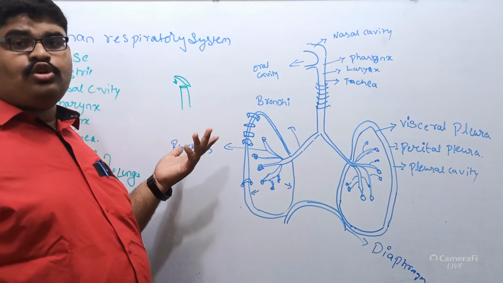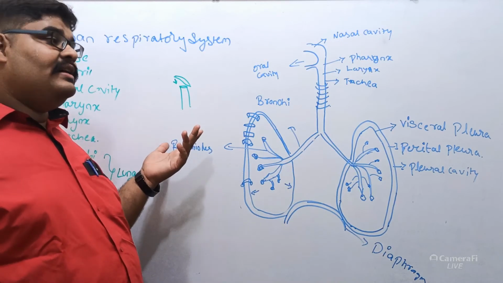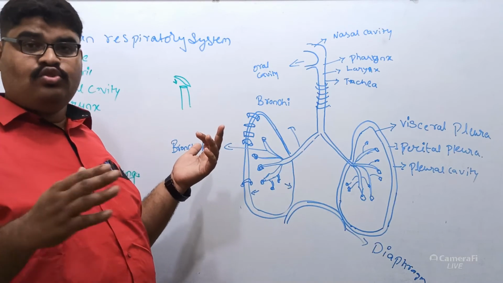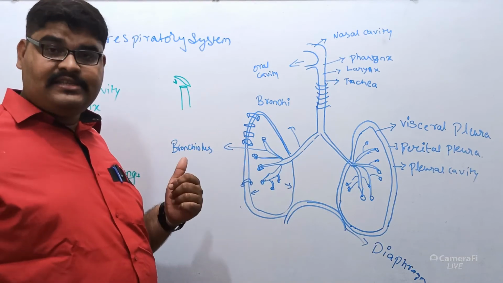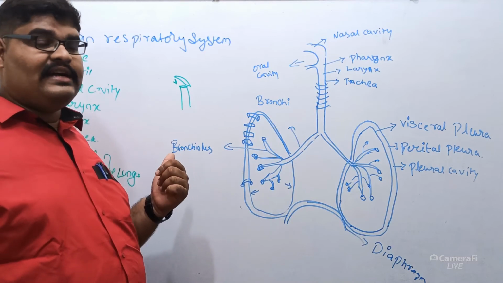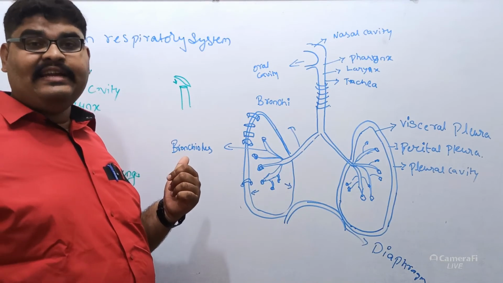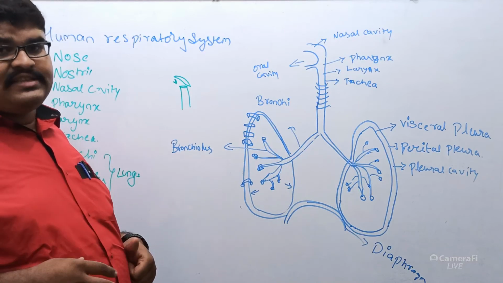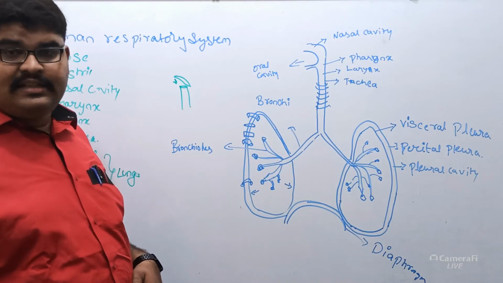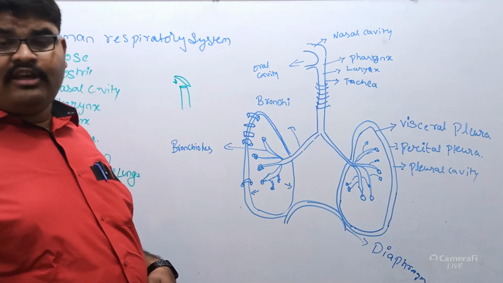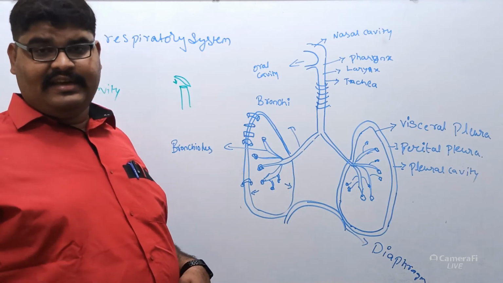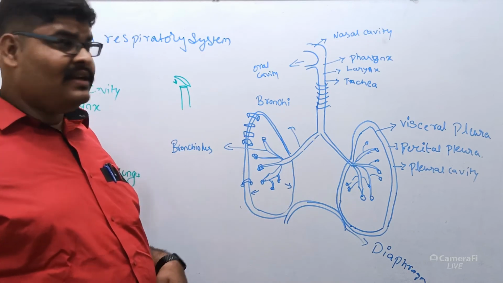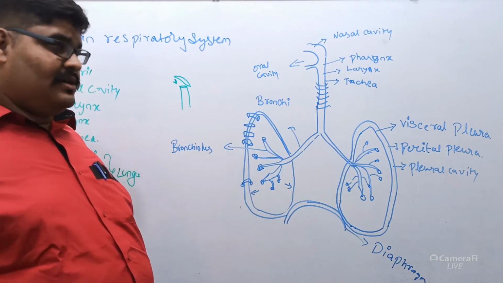So the exchange of gases takes place there. The respiratory pigment is hemoglobin, which is a protein present over the RBCs, and it consists of iron, and iron has a tendency to trap oxygen, whereas carbon dioxide is carried in dissolved form, that is, in the plasma. We are going to study that in detail in the next concept, circulation. So let us not stress more on that, and we will continue with the respiratory system.